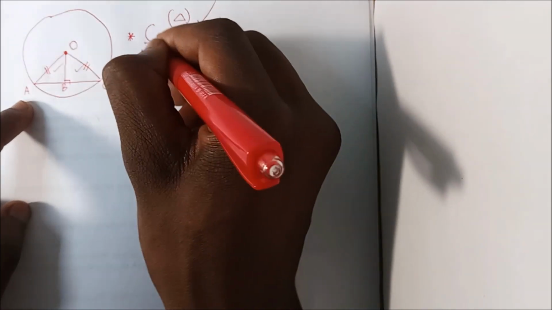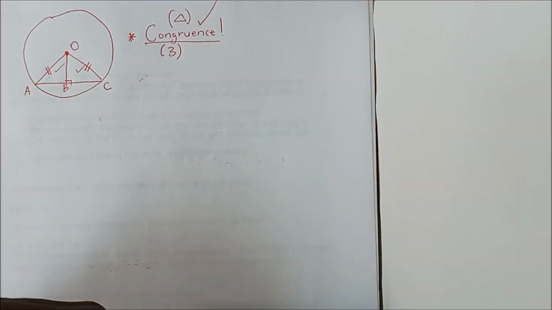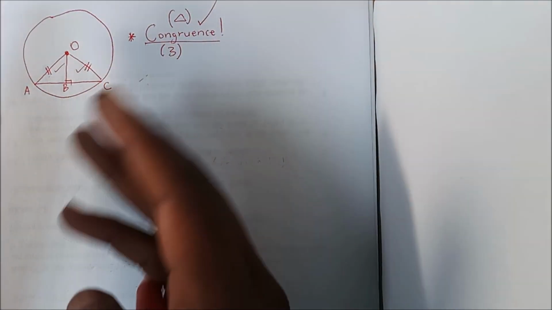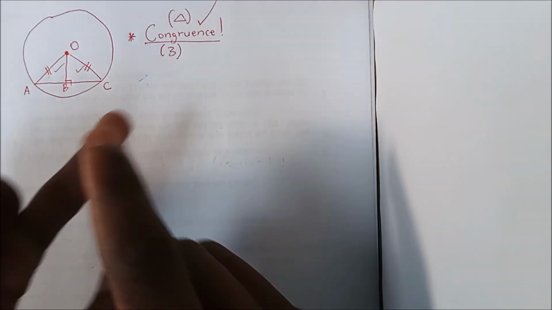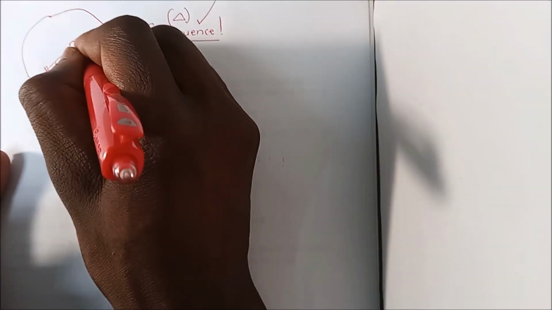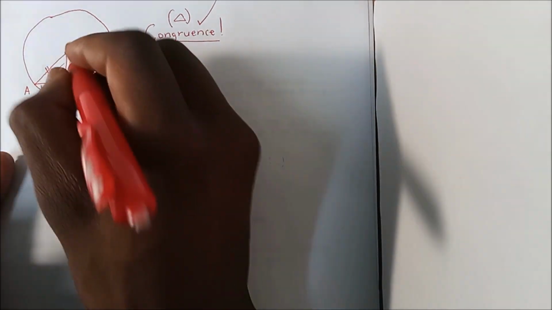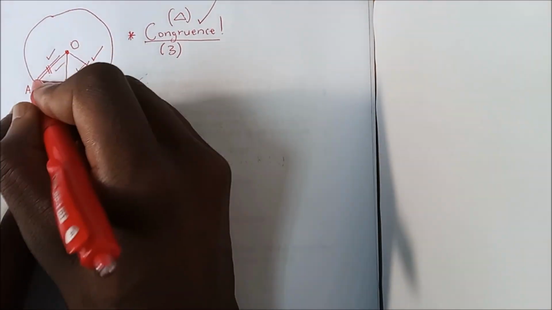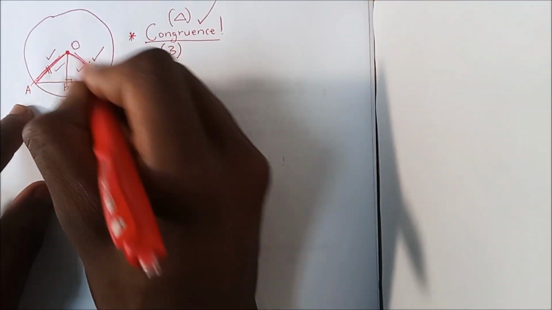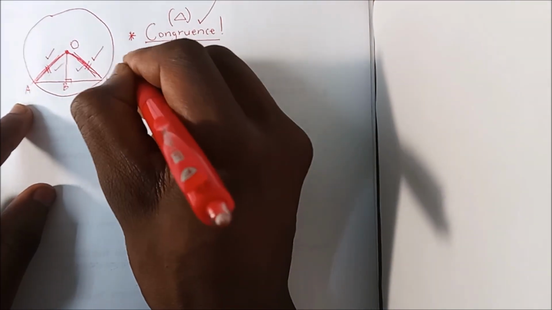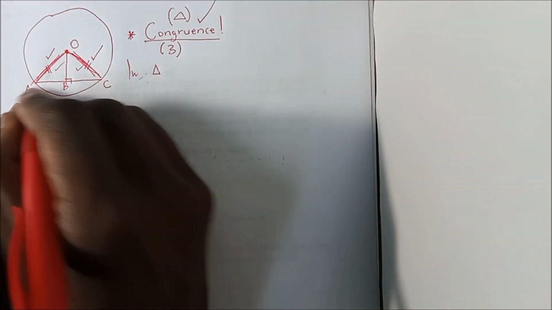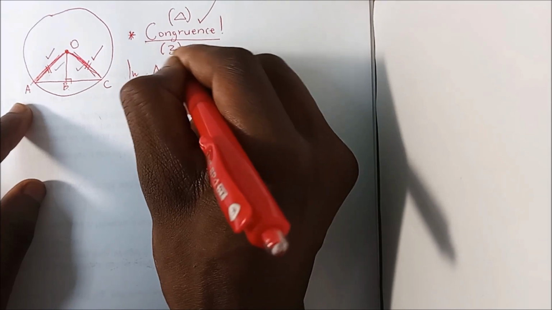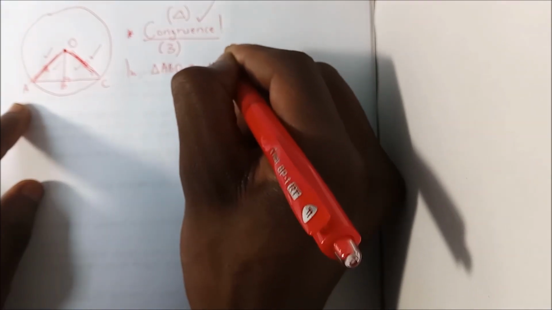Remember, to prove congruence, you need three conditions. Let's just say those conditions. Condition number one: OA equals OC. Remember, you need an introduction, so we'll say in triangle ABO and triangle OBC.